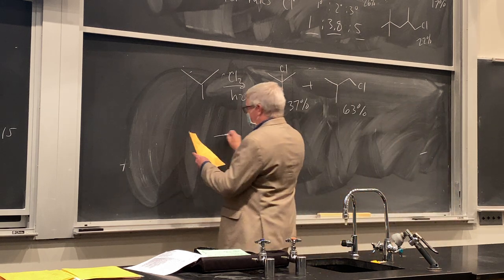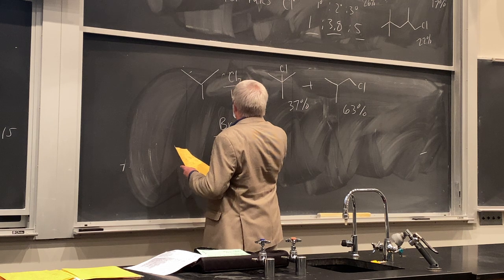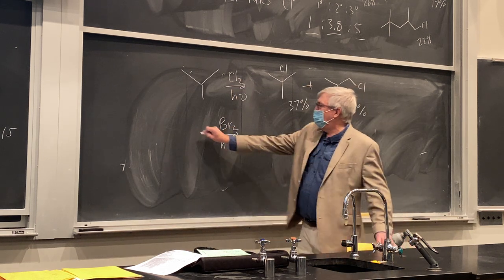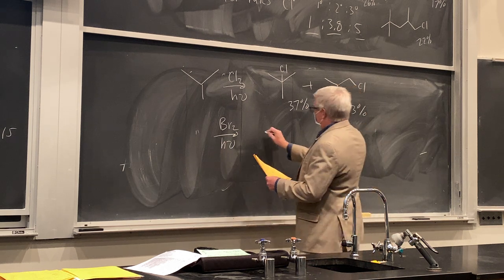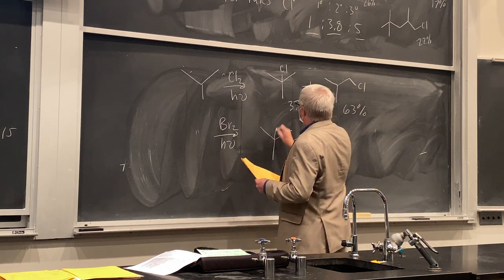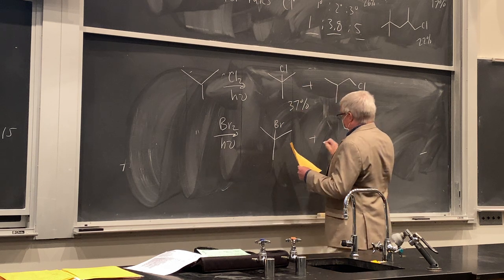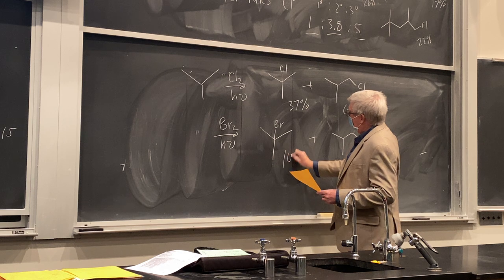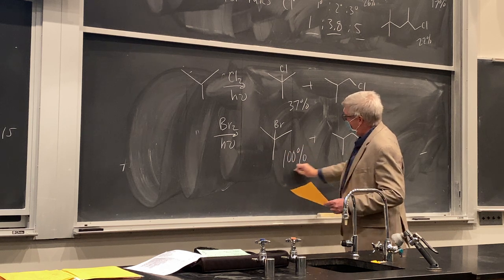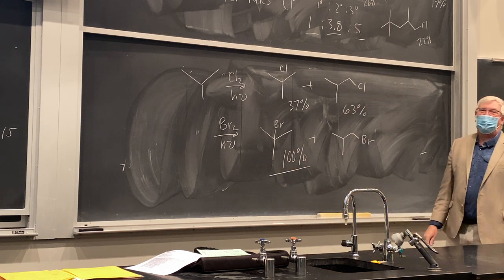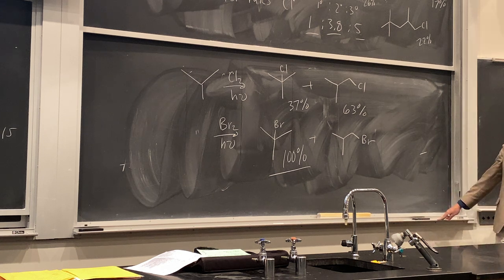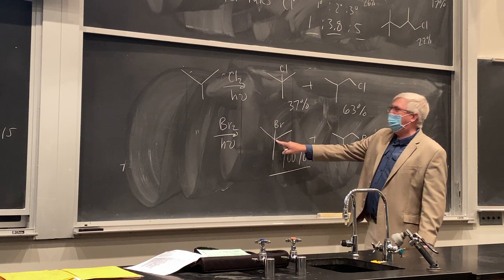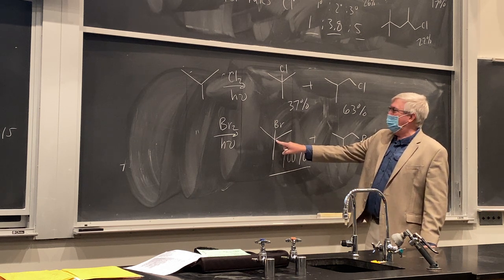But let's compare this with bromine. Okay, same thing, just having molecular bromine now with this substrate. Look what we get here. We'll get the bromide. And what about the primary bromine? If we measure the percentage, it's 100%. Wow, that's pretty dramatic, okay? And that's an effect where you'd say, well, it's all this tertiary radical.